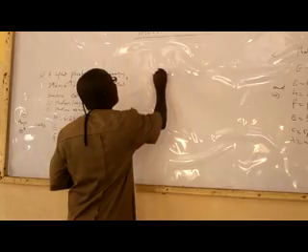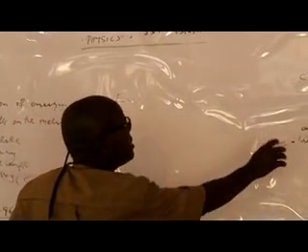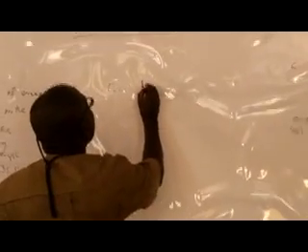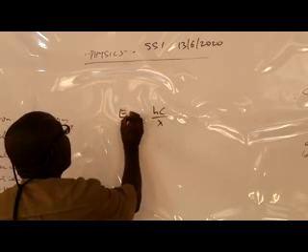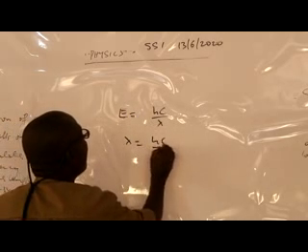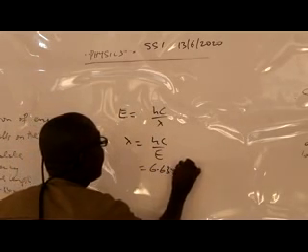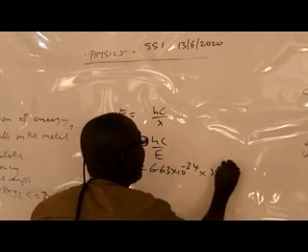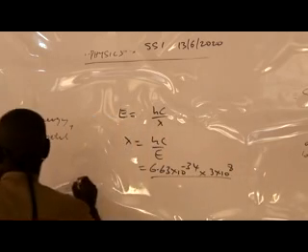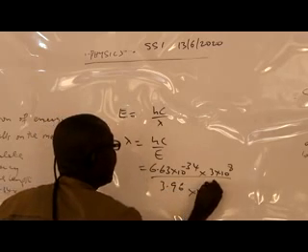E is equal to hc over lambda, which means that lambda is equal to hc over E. What is h? 6.63 times 10 to the power negative 34, multiplied by c. c is 3 times 10 to the power 8, all over, what is E? E is 3.96 times 10 to the power negative 19.